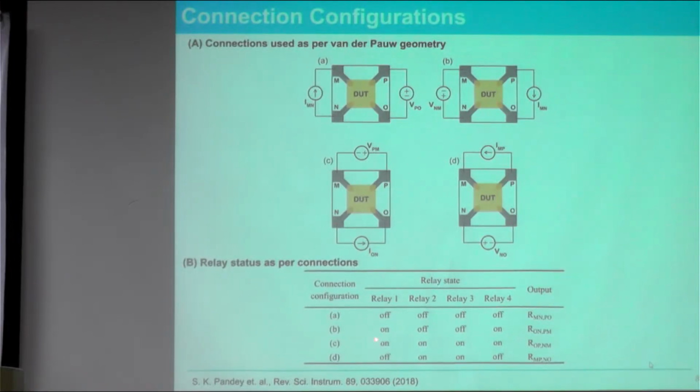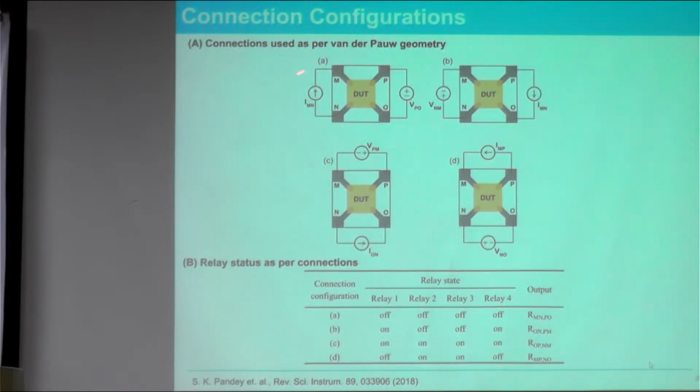For connection configuration 1, you can identify what relays are operated and what output you are getting. Based on that, you can see the resistance value, and then further average out the corresponding values.